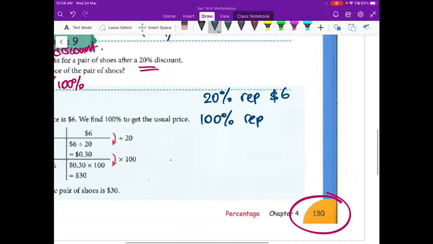Okay, do you know what we have to draw over here? Which arrows to draw? Draw the division from the 6 to the 20%.